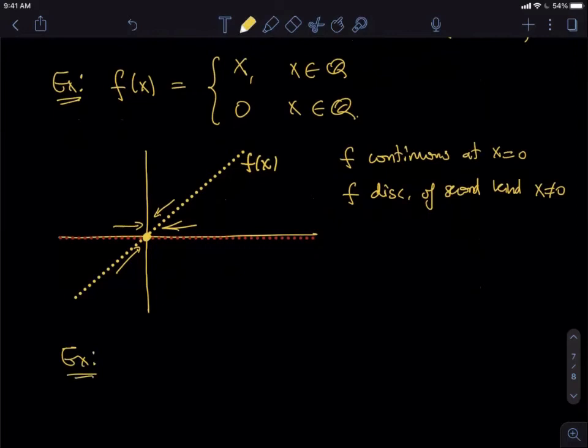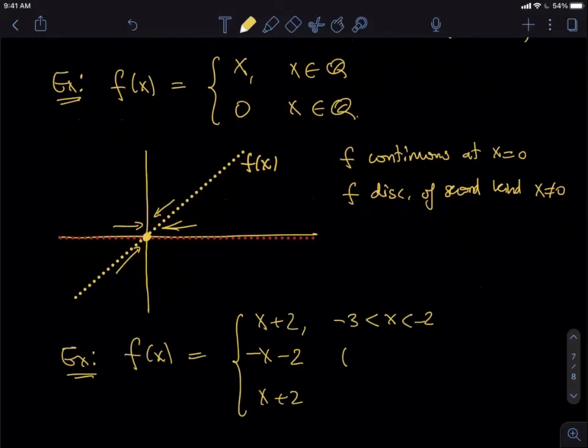Let's do a simple piecewise defined function: x plus 2, negative x minus 2, and x plus 2. This is if x is between negative 3 and -2, -2 and 0, and 0 and 1.